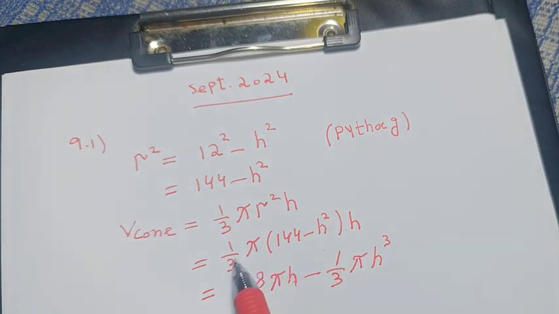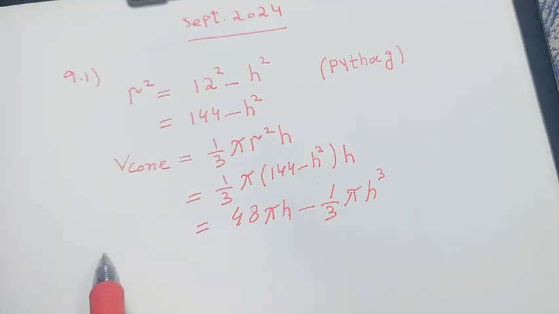Just remember I have to multiply 1 over 3 pi by h as well. So 1 over 3 pi h cube. So this is going to be my volume of the cone, and that I needed to prove according to the question. So I proved it. Therefore, this is my volume of the cone.